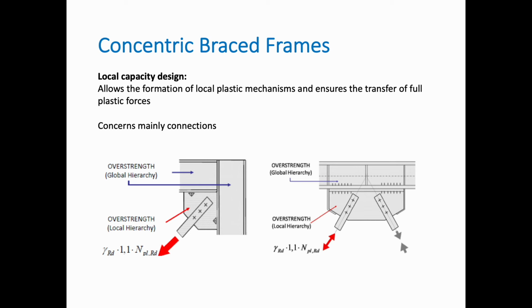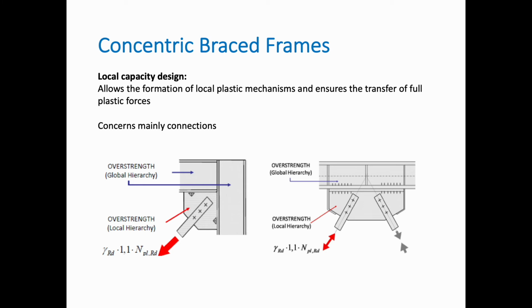The local capacity design allows the formation of the local plastic mechanisms and ensures the transfer of full plastic forces. Here we have two connections, one for the X bracing, the other for the V bracing on the right. What we are showing here clearly is which parts are meant to be the ductile components and which parts are meant to be over-designed, over-strengthened.